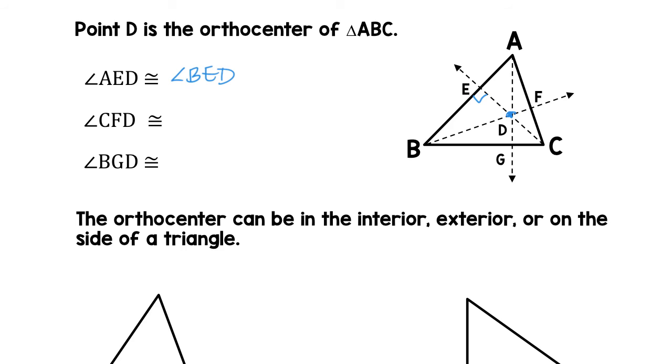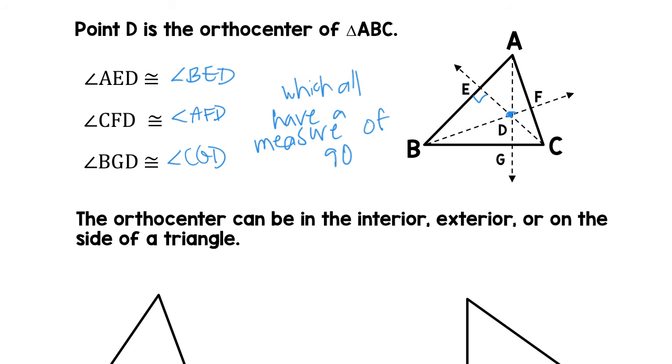We also know CFD will be congruent to AFD because they're both right angles. Last but not least, BGD will be congruent to CGD because they're both right angles. So we can say that these all have a measure of 90. And that's how we can tell they're all congruent.